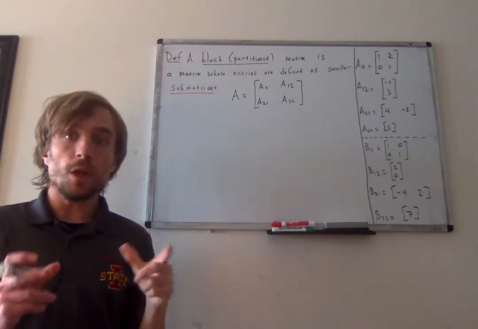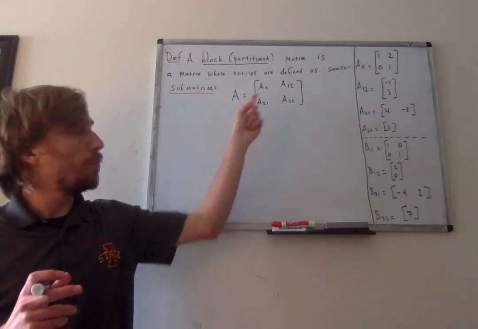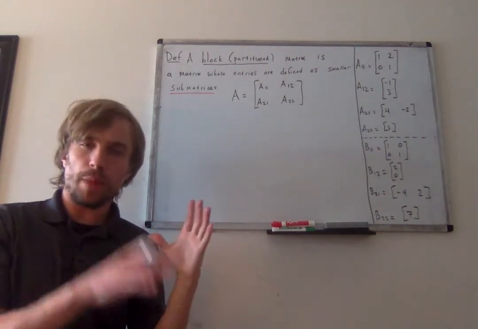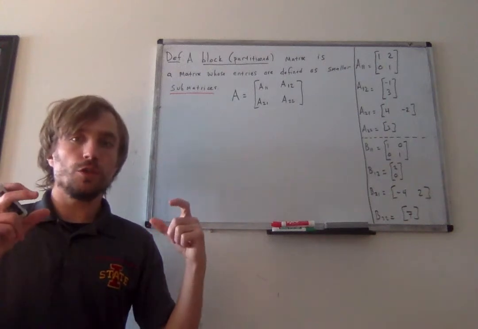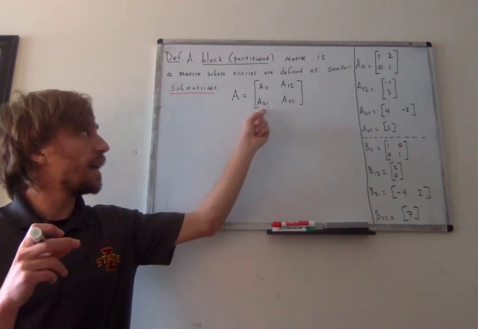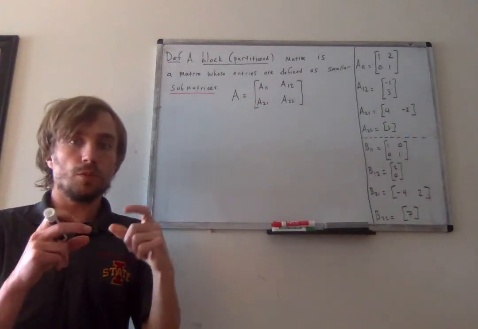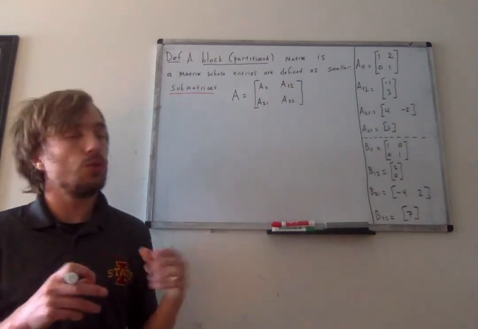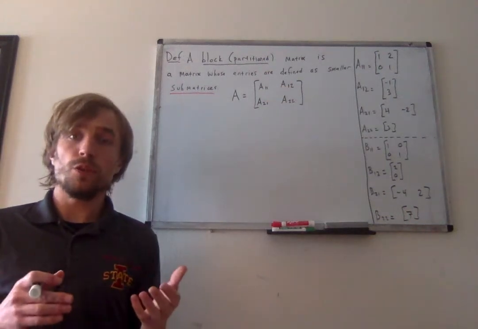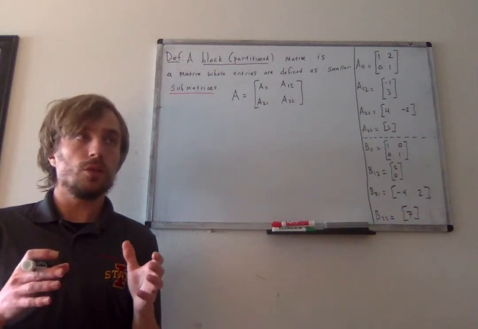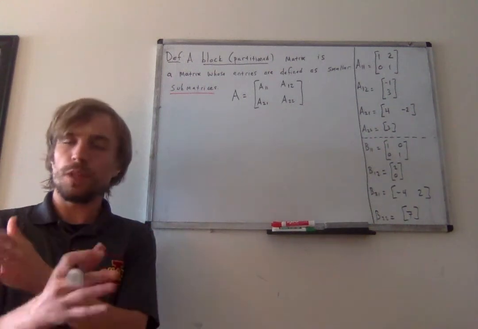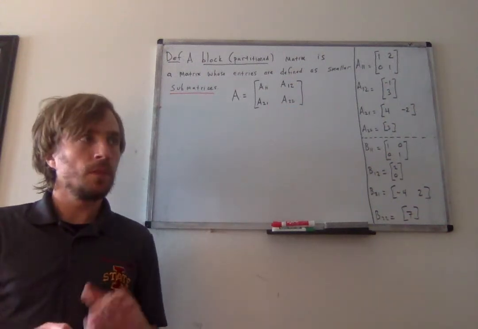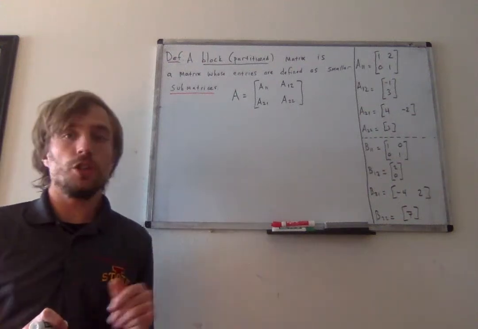Basically, we've compactified this matrix A into these smaller submatrices, A11, A12, A21, A22. This can be useful when wanting to talk about a larger matrix but wanting to split it up in a certain way, or if we already have these matrices and there's a way to put them together. Sometimes using this block notation is nice.